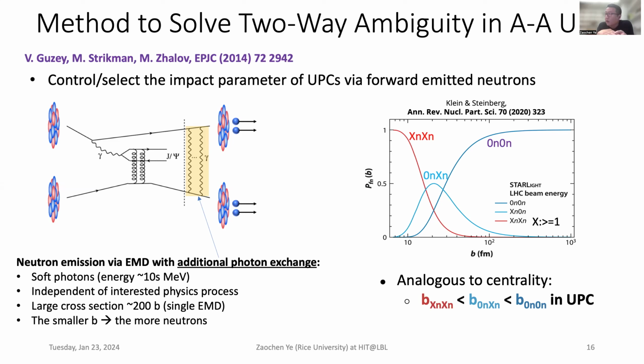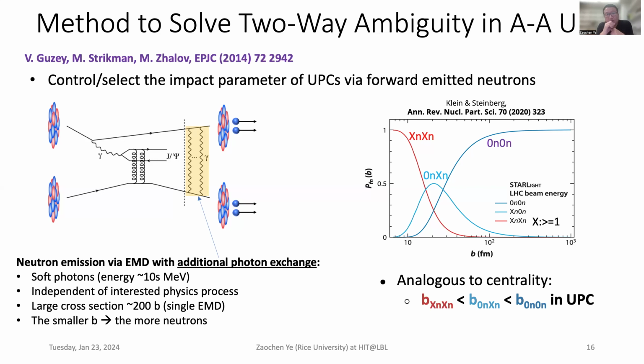It's about a factor of 10,000 times higher for the EM dissociation neutron emission. So that means the impact parameter control from this EM dissociation does not depend on the J/psi production cross-section itself. So the physics processes of the EM dissociation neutrons and the coherent J/psi production itself are actually independent. So this is the first point.